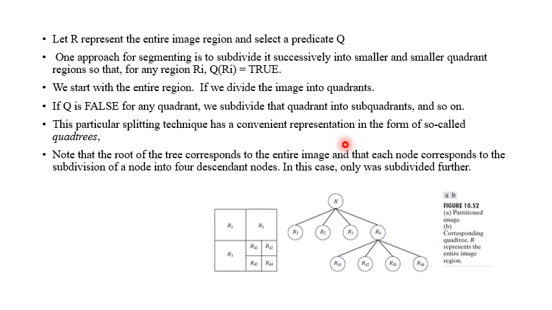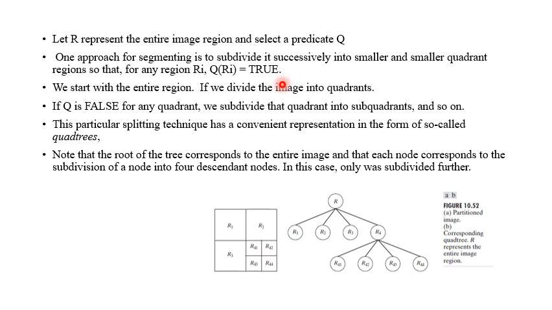We are subdividing it into smaller and smaller quadrants so that for one particular region, say Ri, Q of Ri is true. That is what we define as the condition for subdividing into smaller and smaller quadrants.